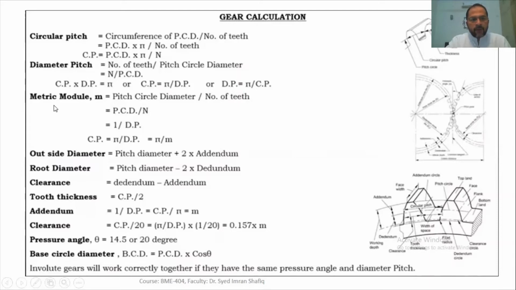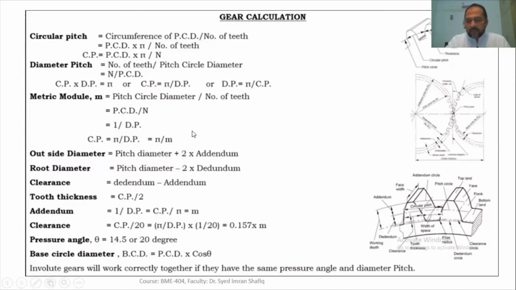Then there is metric module m, which is equal to pitch circle diameter divided by number of teeth. There are a few more formulas that we have to keep in mind, and I will talk about them when we do a calculation for a sample problem.